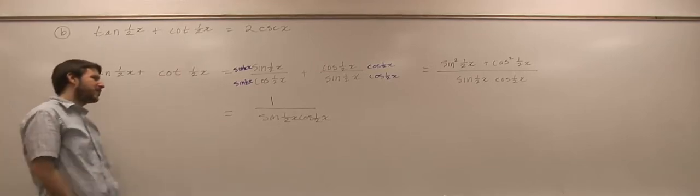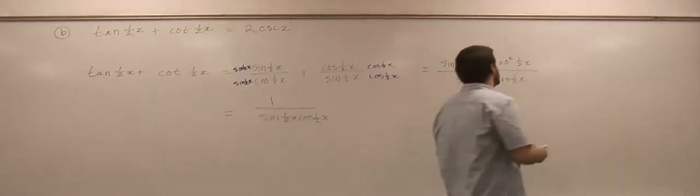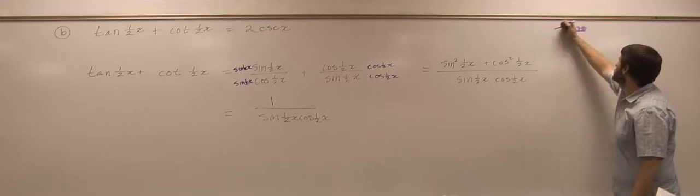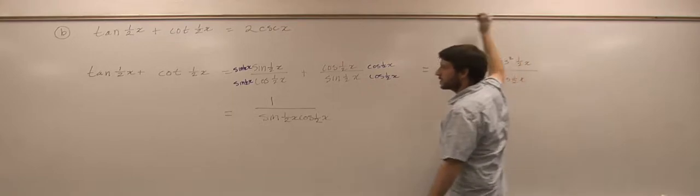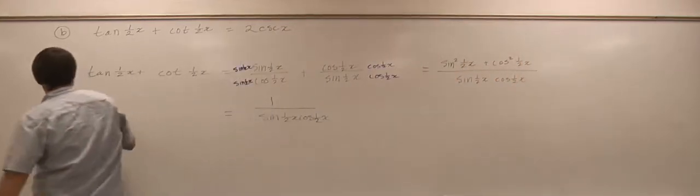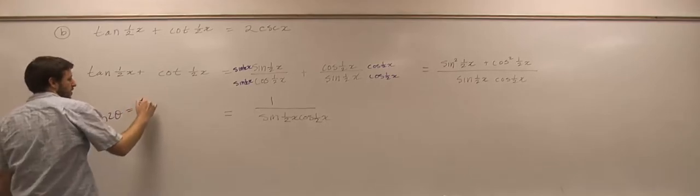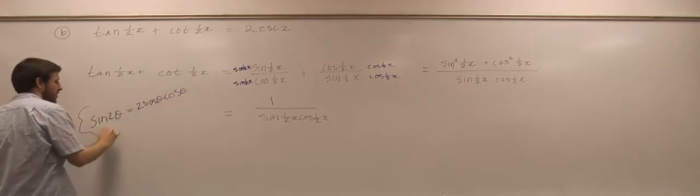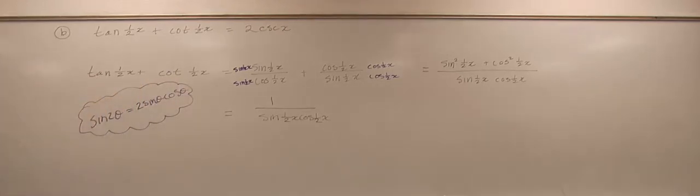Do you remember the double angle formula for sine? What does sine of 2 theta equal? Sine 2 theta equals 2 sine theta cosine theta. So this is floating around in your head somewhere, in my head, in your book.